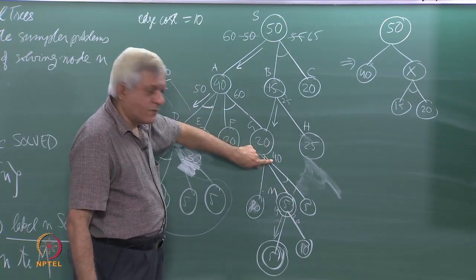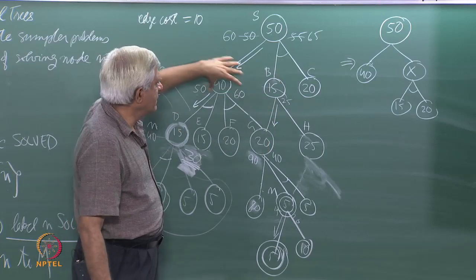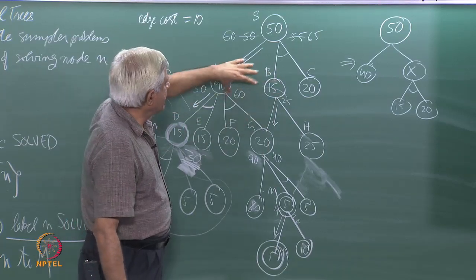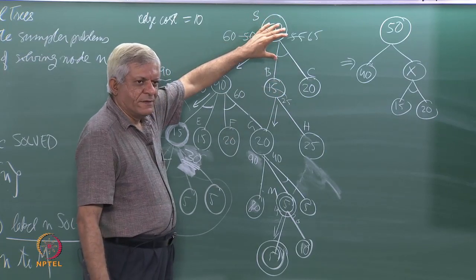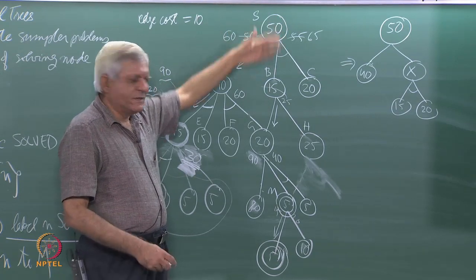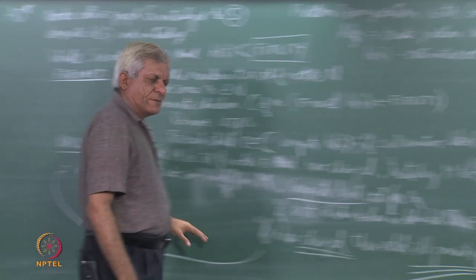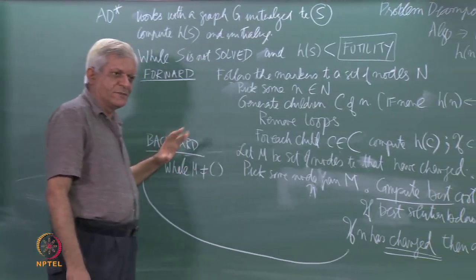So, from 20 it has gone to 40. So, it has changed. So, I must add both its parents to m, they will change and I will add root to m, and after I change that I will add nothing to m, and eventually all these m's will get revised and this loop will terminate, which means the backward phase will terminate.